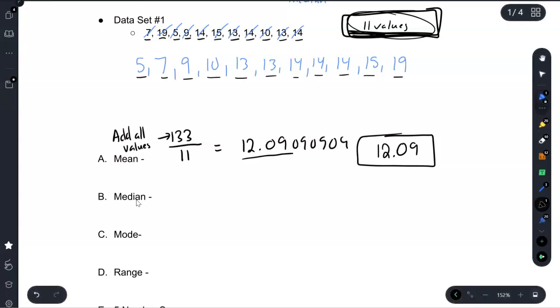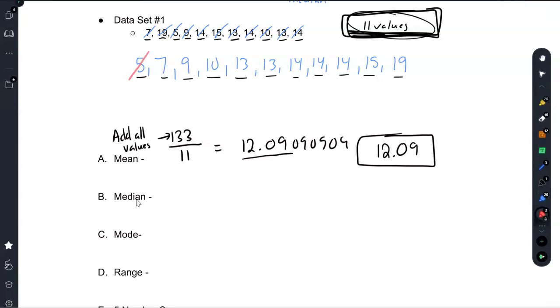But when I have an odd number of values, I simply count from the left and the right until I get to the middle. What I mean by that is I'm going to do a strike through. So let's see if I can choose a different color. All right, so I'm going to strike off one from the left side and the right side. And then another one from the left, another one from the right. Another one from the left, another one from the right, another one from the left, one from the right, one from the left, one from the right.